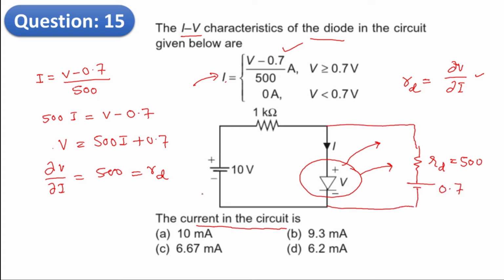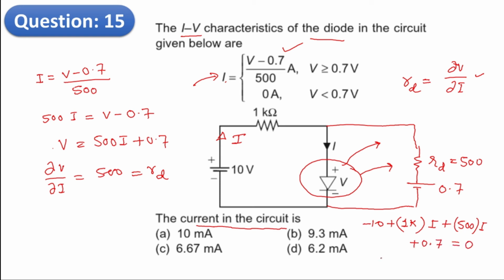Now we require the current in the circuit, that is current I. Using the mesh equation, this is equal to minus 10 plus 1k into I, then RD, so 500 into I plus 0.7, and this is equal to 0.